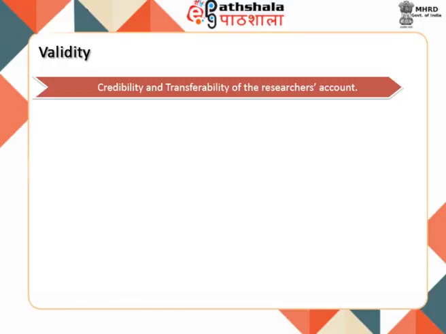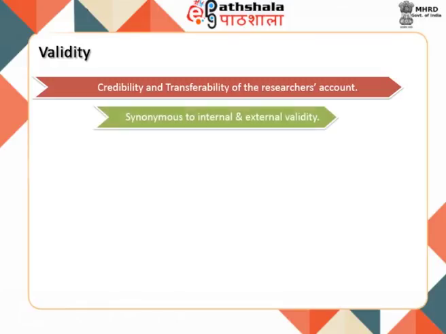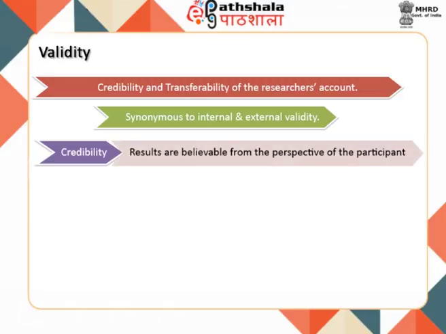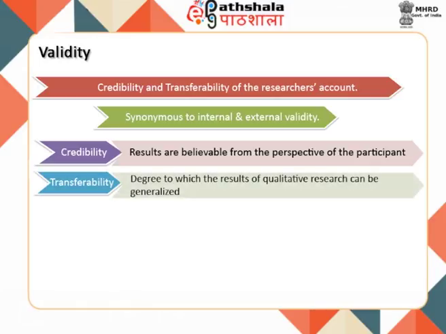These two concepts can be referred to as synonymous with internal and external validity in quantitative research. Credibility is confirming that the results of qualitative research are believable from the perspective of the participant, and transferability refers to the degree to which the results of qualitative research can be generalized or transferred to other contexts or settings.